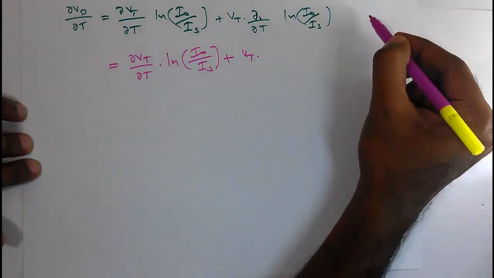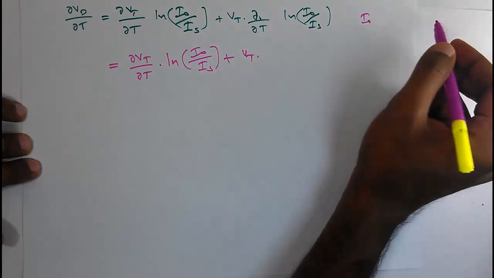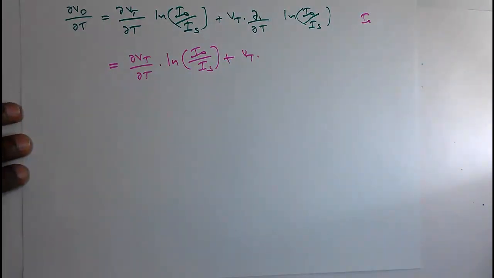Here we know that I0 is independent of temperature. That was our assumption, and Is is the term which is dependent on temperature.